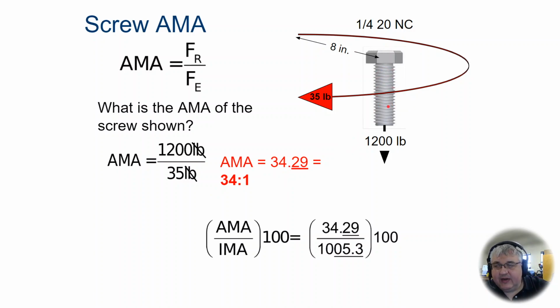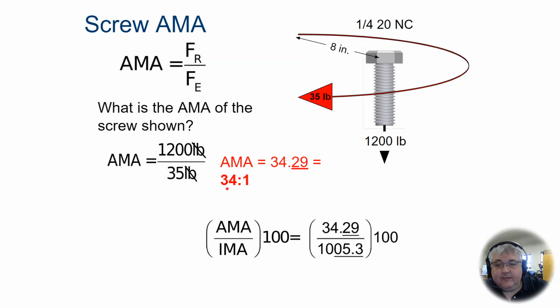Wherever the thread is meeting, it's grinding against one another to pull itself together, and all that grinding as you tighten it down creates more and more friction. So you lose mechanical advantage because you are losing work in the form of heat and sound when it squeaks as you tighten it together.